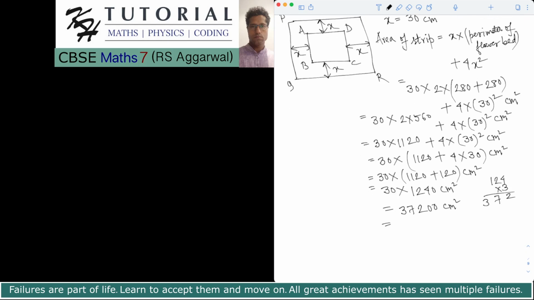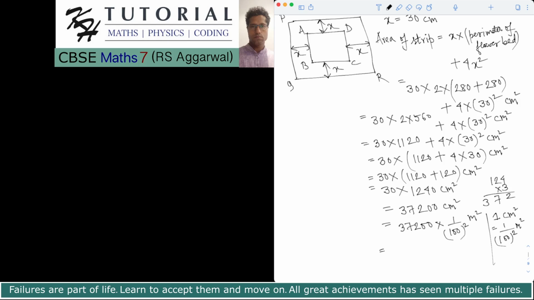So how to convert centimeter square into meter square? 1 centimeter square is equal to 1 by 100 square, this much meter square, because 1 centimeter is equal to 1 by 100 meter.